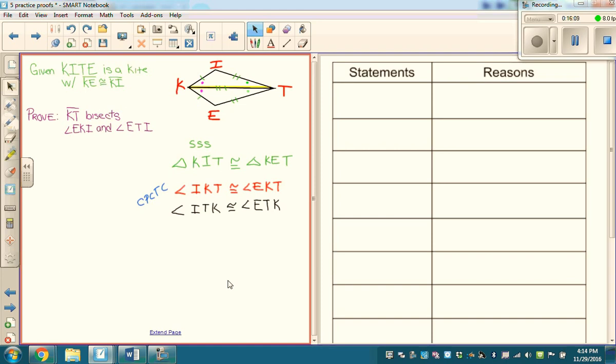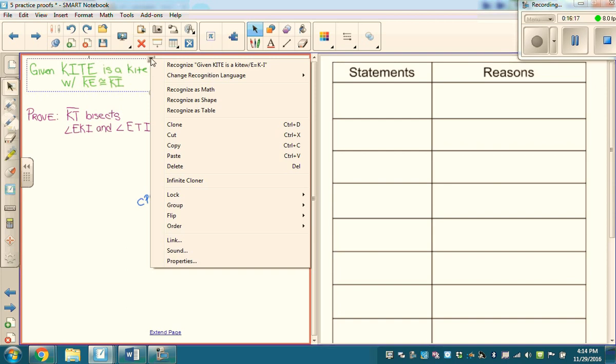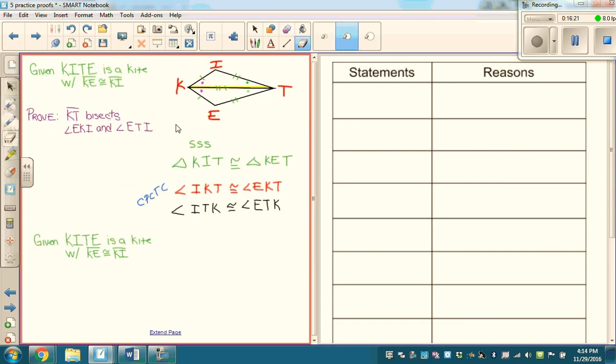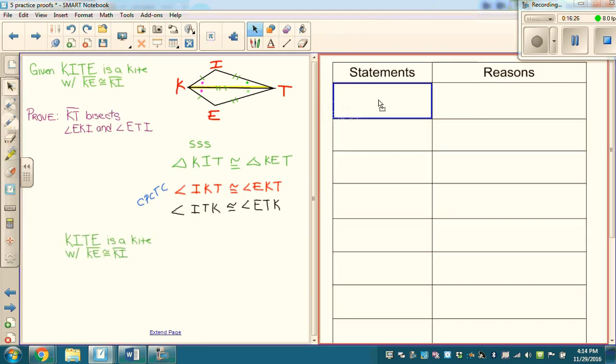All right, so let's do this. Let me try to make this a little quicker. So I'm going to take my given and stick it here.